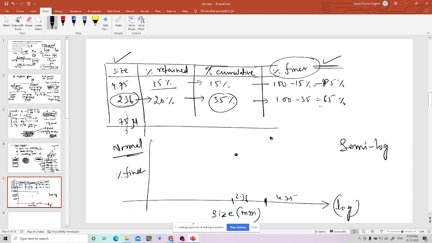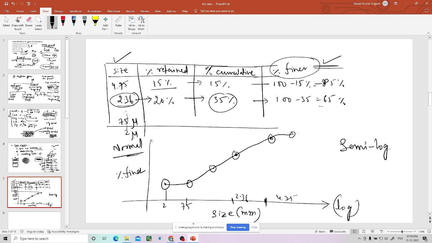Then 2 micron, like that. So you draw all those points: 75 micron, another point, 2 micron, another point, and in between there is another point like this. Now you join all these points.